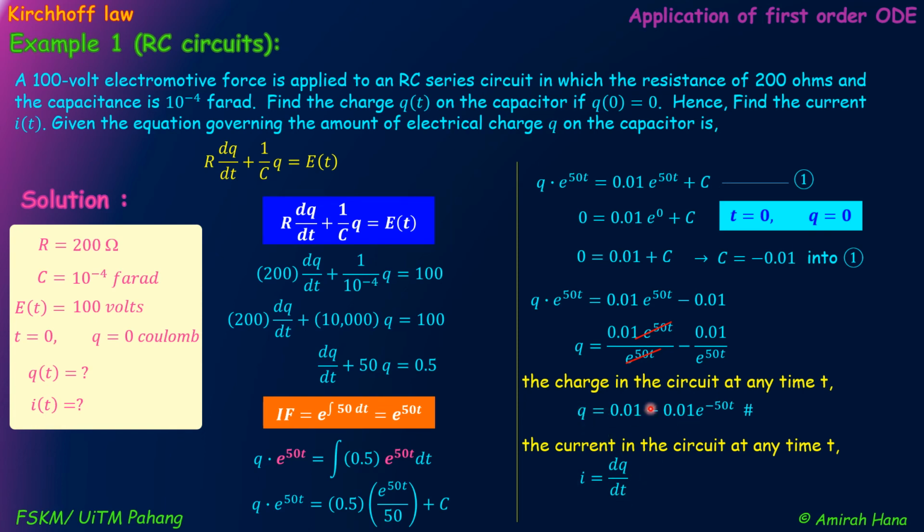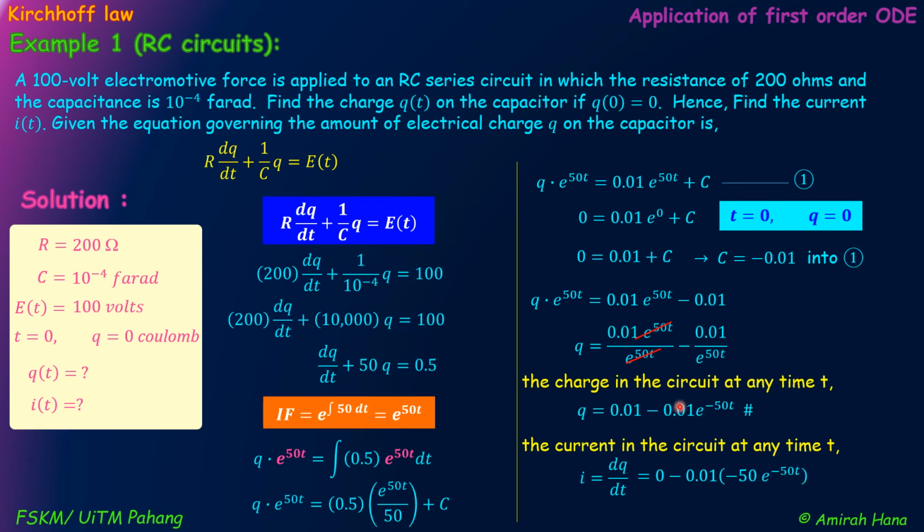We differentiate the constant 0.01, which equals 0, and then minus, we still have the constant 0.01 in front here, and when we differentiate e to the power of 50t... we get negative 50 times e to the power of negative 50t.